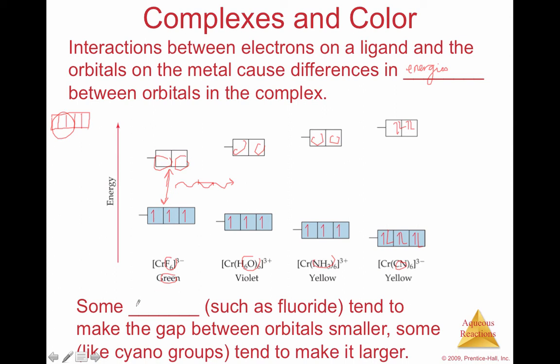Here, some ligands, such as fluoride, tend to make the gap between the orbitals smaller. Some, like cyano groups, tend to make it larger.